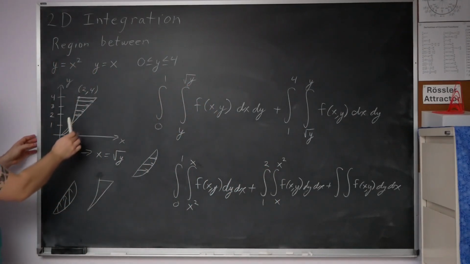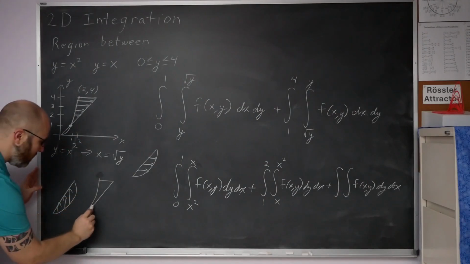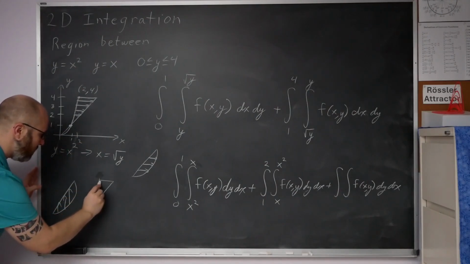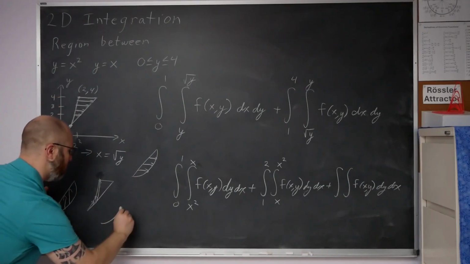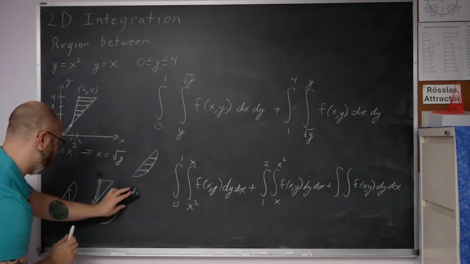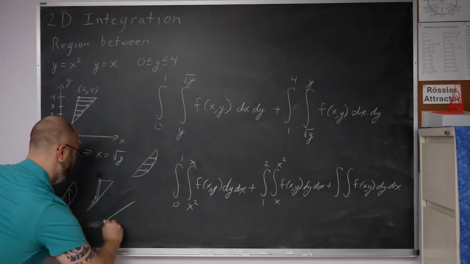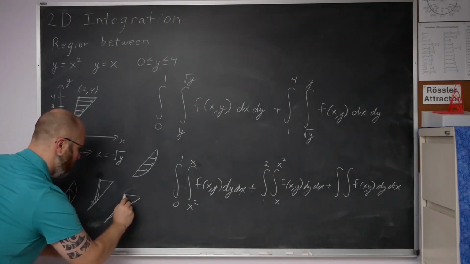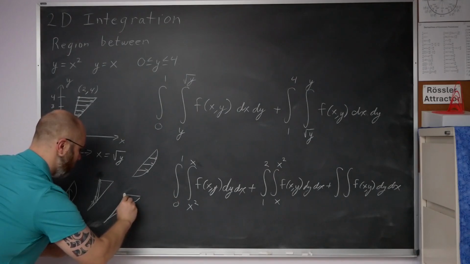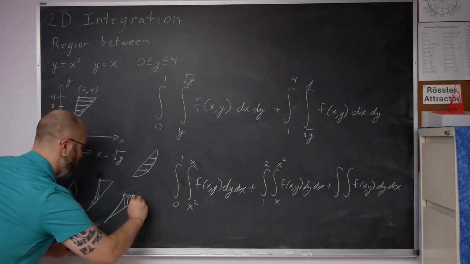And then we're actually going to transition. So that was this piece, but then we have to do this piece here. So we have this one, and this one, and this one.